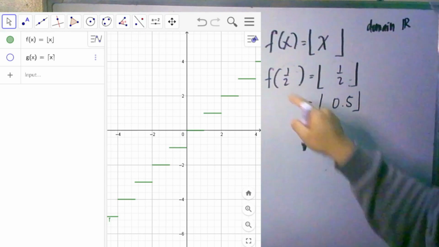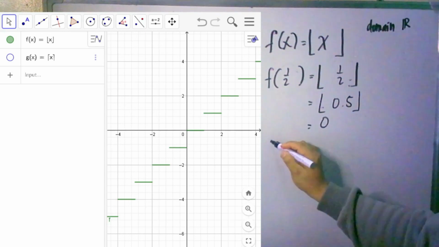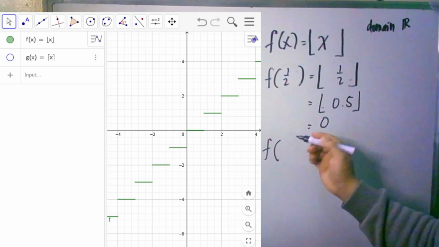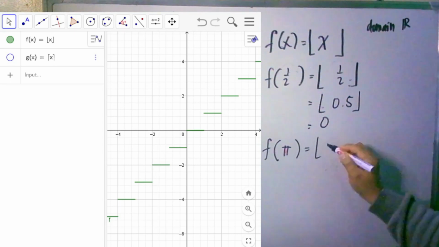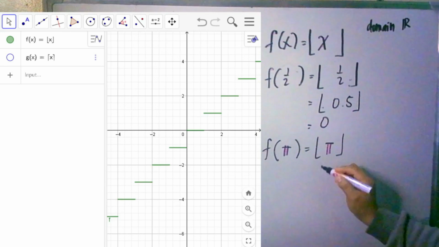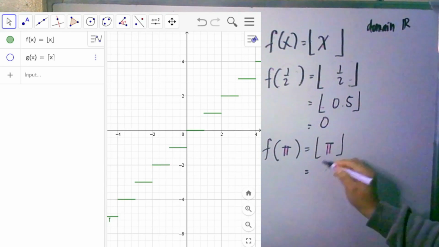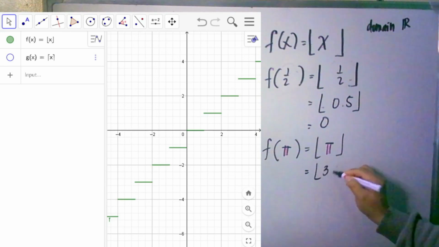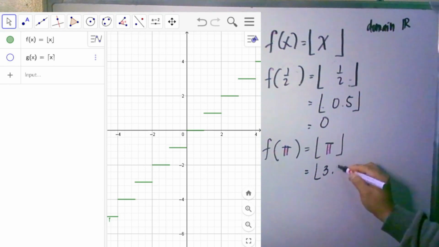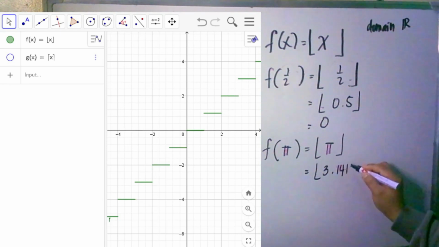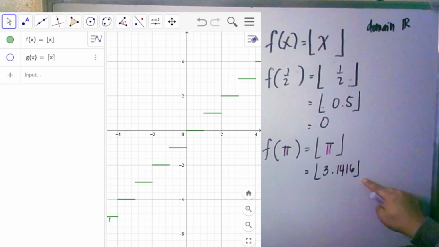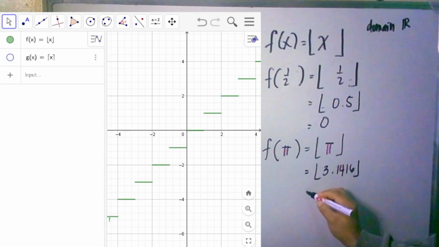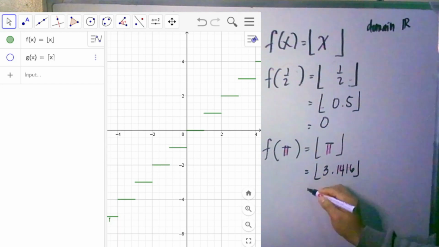So actually our input is any real number. What if our input is an irrational number, for example, pi? What is pi? It's approximately 3.1416, right? And it doesn't actually matter the other numbers here because this is a step function.